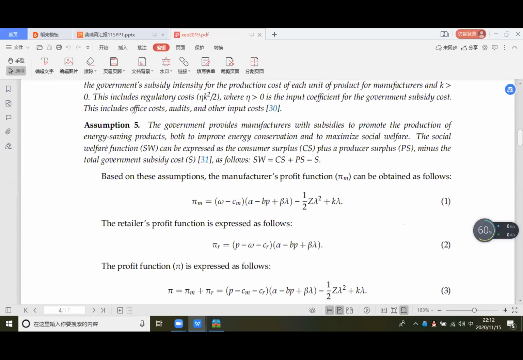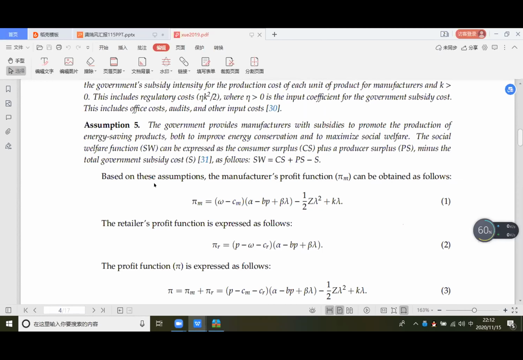The social welfare function can be expressed as consumer surplus CS plus producer surplus PS minus the total government subsidy cost, as follows.